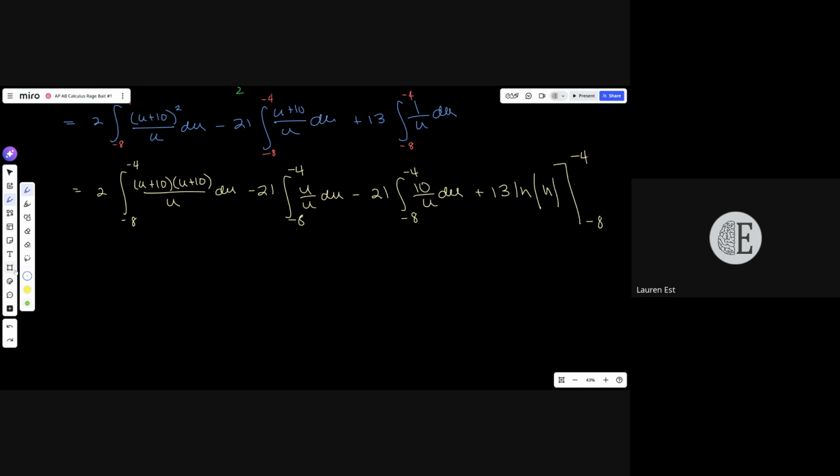So switch colors. This is from -8 to -4. This is u squared plus 10u plus 10u plus 100 all over u du.